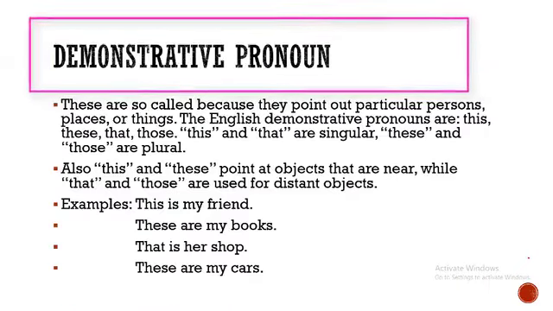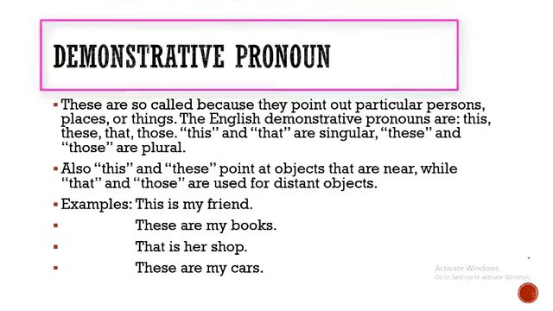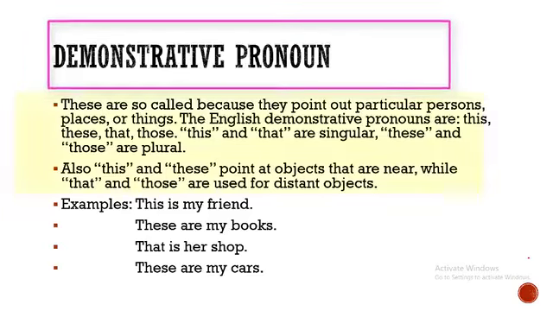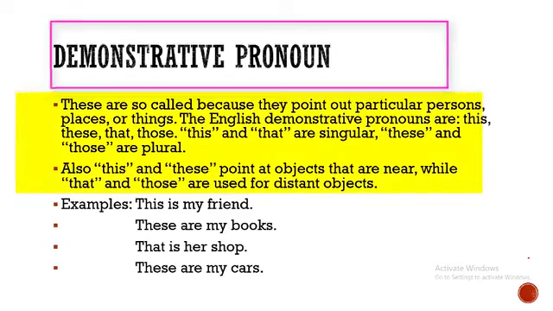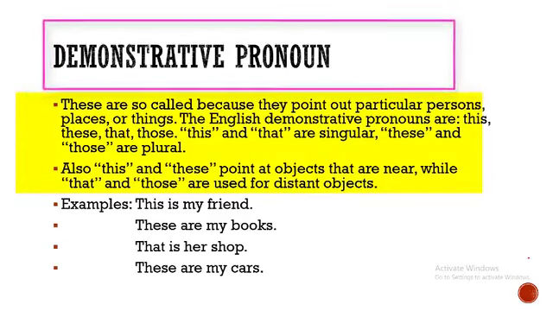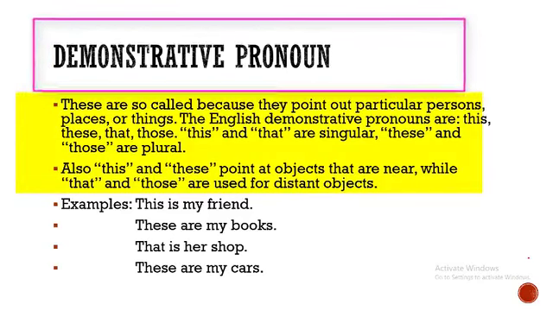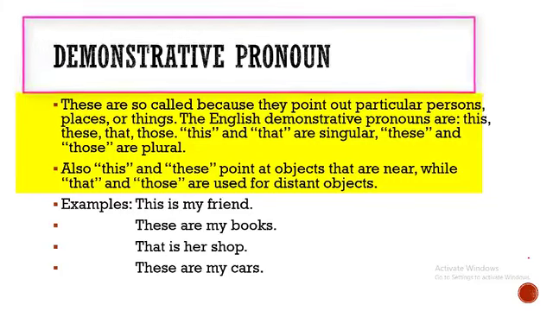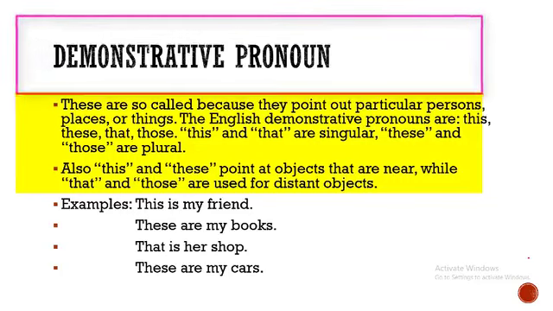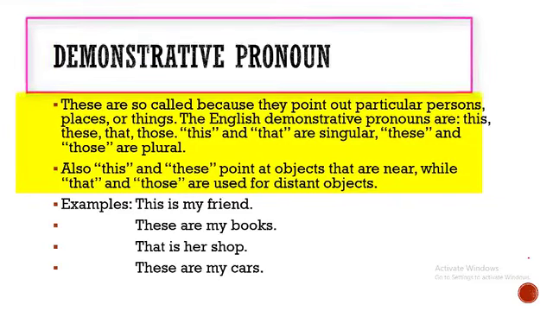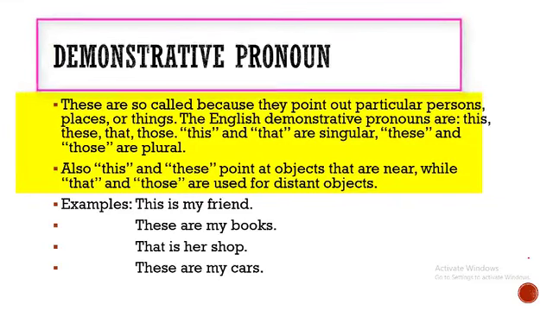Then we also have what you call the demonstrative pronoun. Now, they are used to describe objects or show or disclose the position of an object in relation to what? The speaker. So objects that are nearer to the speaker, we use a particular pronoun.